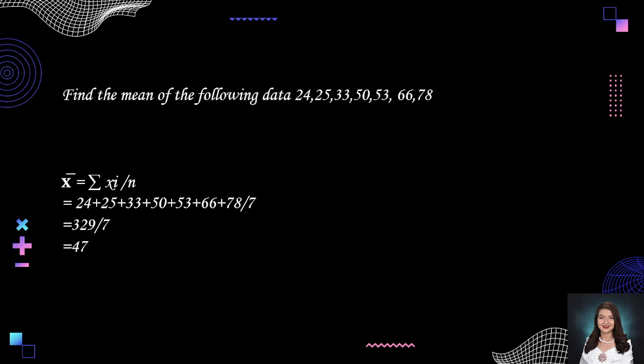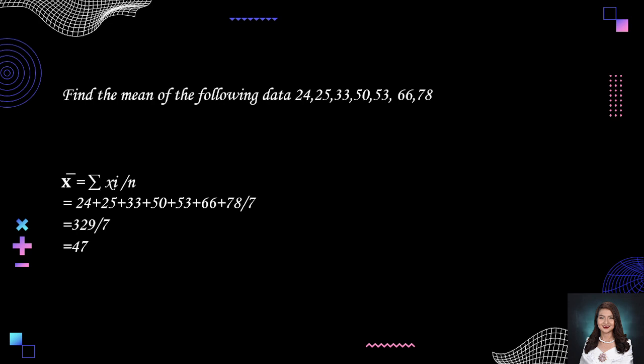Next one, we're going to find the mean of the following data: 24, 25, 33, 50, 53, 66, and 78. In calculating the mean of a distribution, we're going to use the formula of the summation of xi all over n, wherein we add all the data divided by the total number of observations.